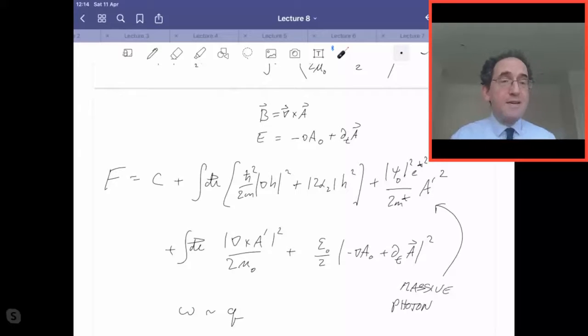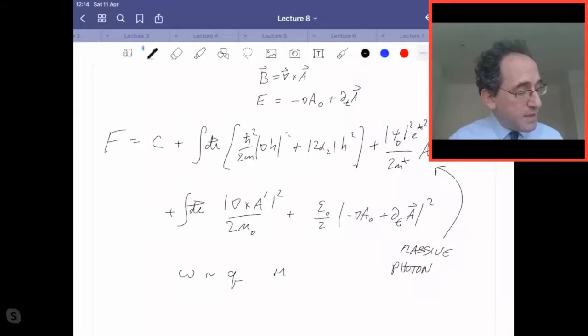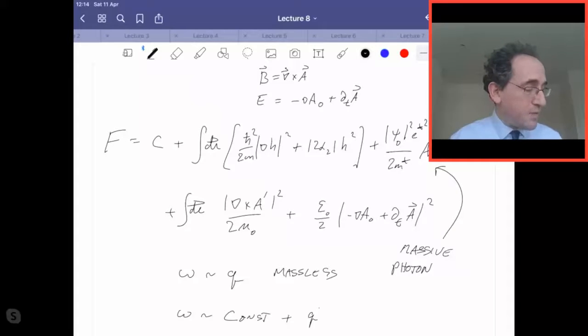So you have a massless field because you can get energies arbitrarily low. However, if you take any finite field and plug it into this a prime squared term, it will always give you a finite energy, even at long wavelength. So this is for massless, and omega goes as a constant, plus dot dot dot, plus probably q squared or something, is massive.